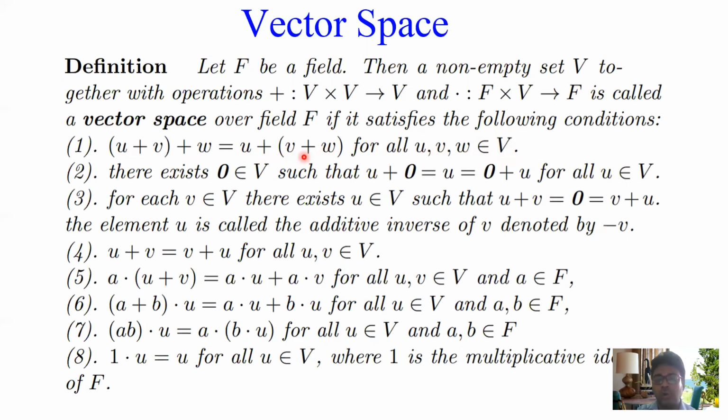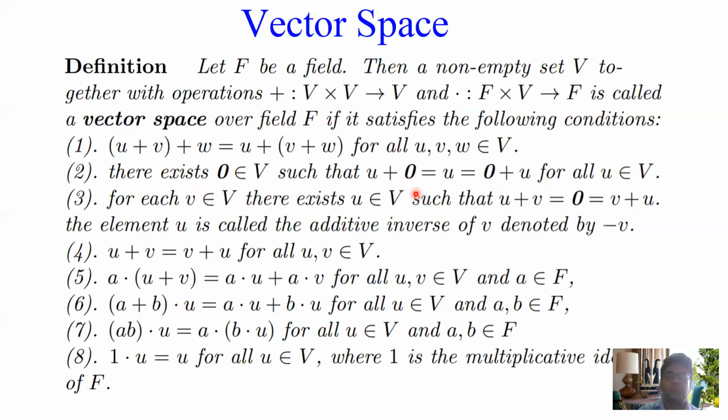So already you know that if you have a single operation, then you can combine any two, like here it is U, V and then it is V, W. Number 2, there exists a null vector, in bold, of V such that U plus the null vector is equal to U, which is equal to the null vector plus U, for all U belonging to V.